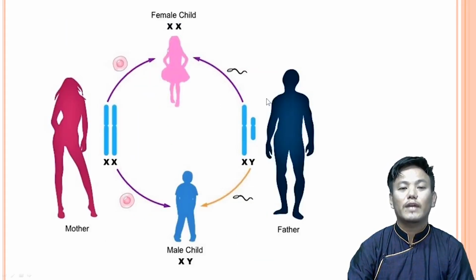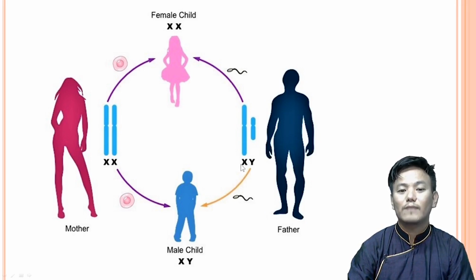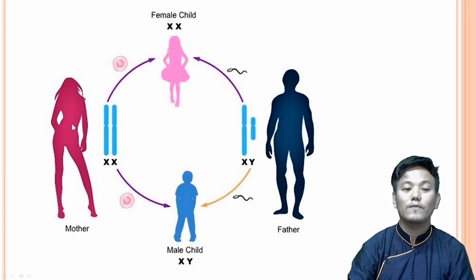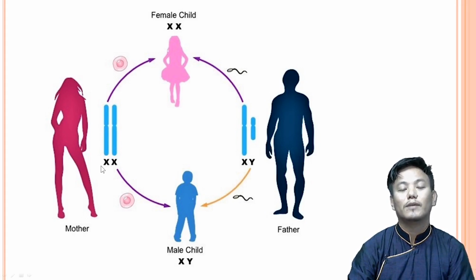In continuation with the XY type of sex determination, we need to understand this particular diagram. In human beings, the males produce 2 types of gametes or 2 types of sperms, whereas female human beings produce only 1 type of gamete or 1 type of egg, based upon the composition of sex chromosomes in them.